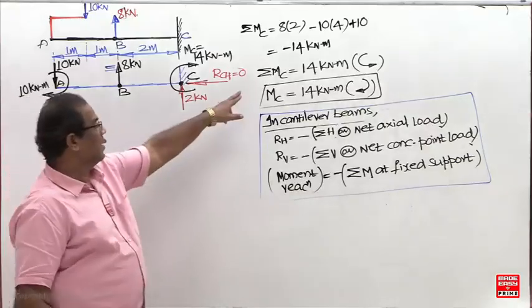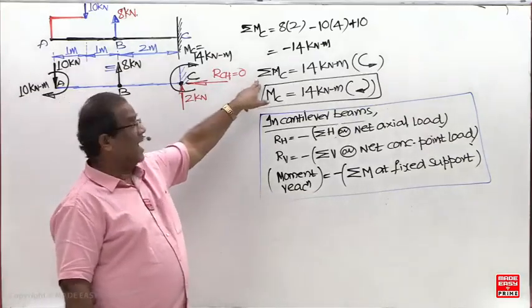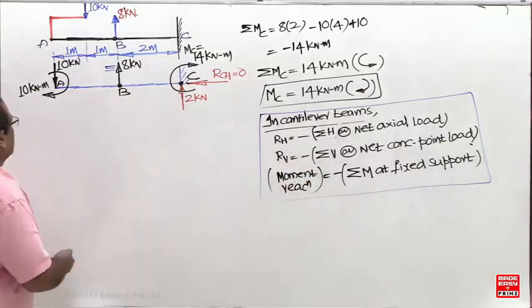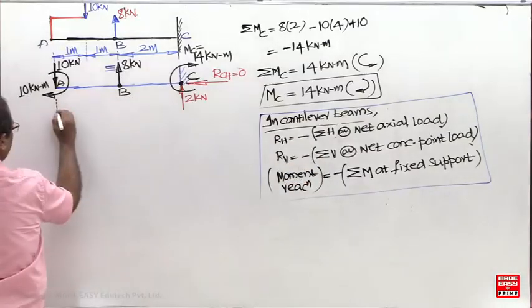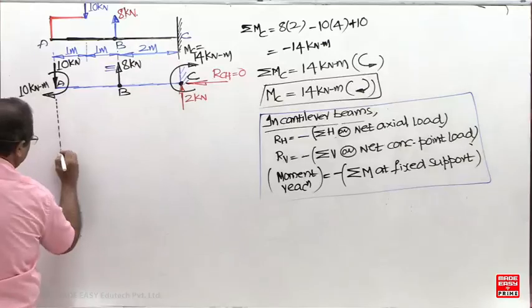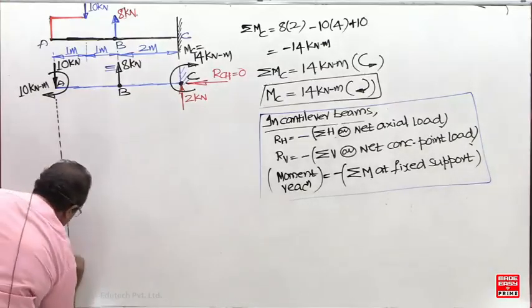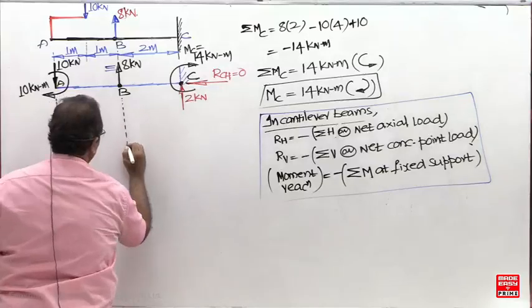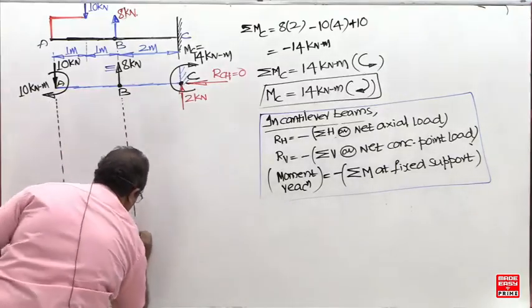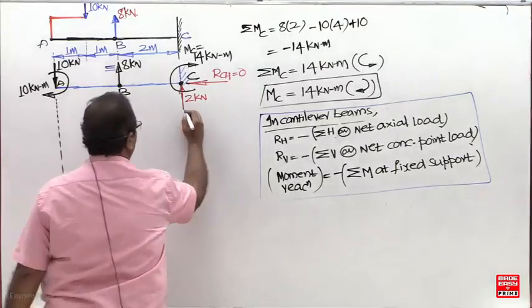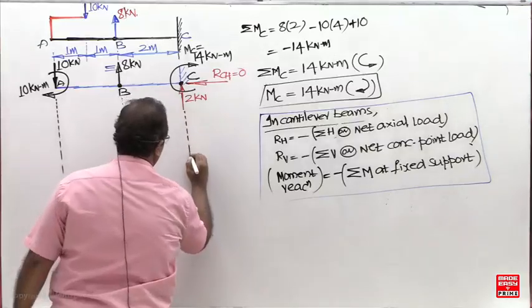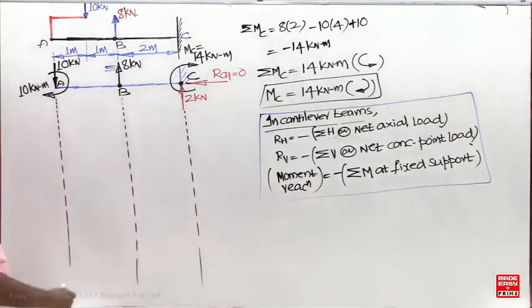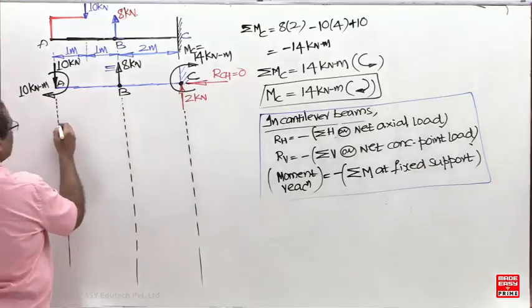And in our case, what is the net moment we are getting now? 14 anti-clockwise. So it should be clockwise. Now, SFD.